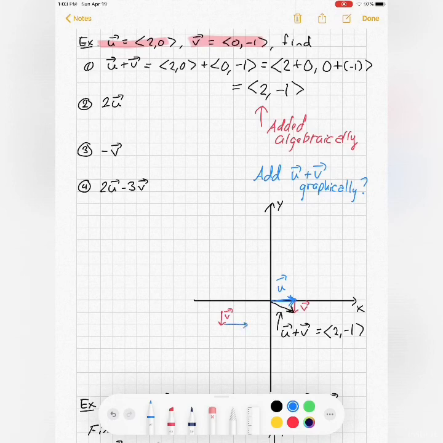That says go right 2. Then I connect the initial point with the terminal point. That vector there is the vector sum. You can see that's the same vector, right? Right 2, down 1. So that's how I would get the vector sum graphically.